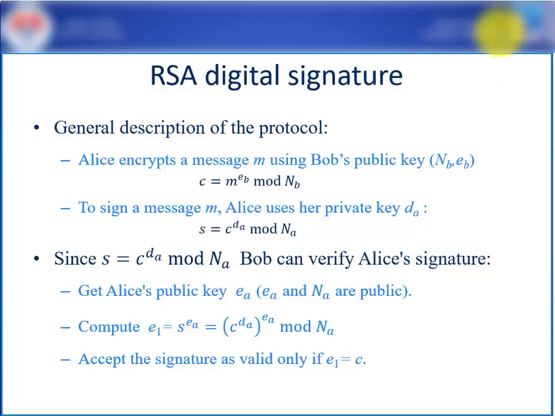So as you can see, signing a message with the RSA algorithm can be considered as a double encryption of the message. However, for signing we use our private key, since only we know the value of our key.